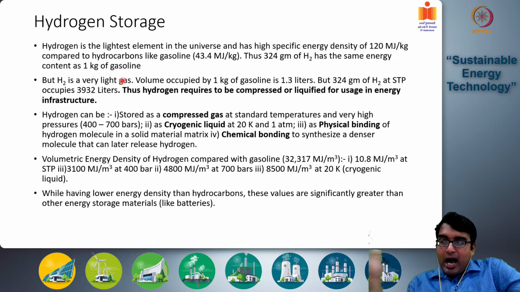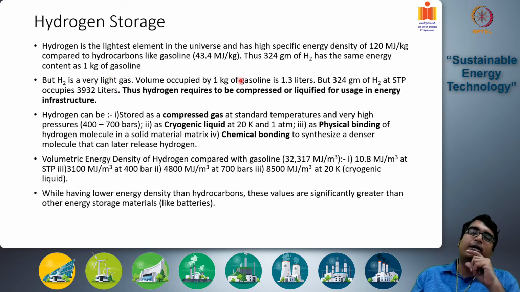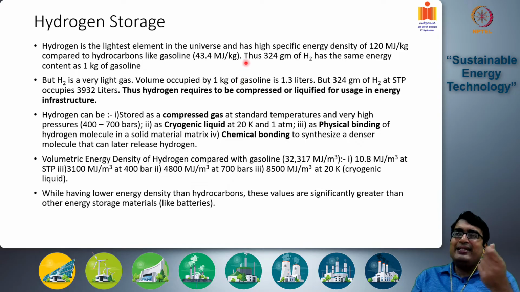That is an advantage, high energy density per unit mass, but it has very low energy density per unit volume. It's a very light gas. Volume occupied by 1 kg of gasoline is 1.3 liters. So its density is slightly lower than water. 1 kg of water usually is 1 liter, right? But 324 grams of hydrogen at standard temperature and pressure occupies 3932 liters.